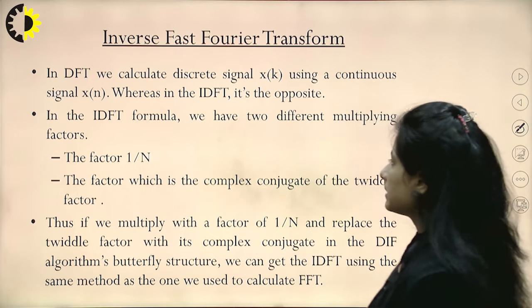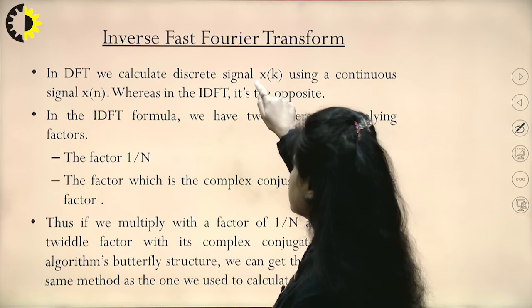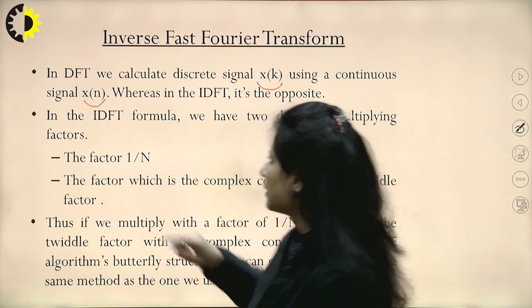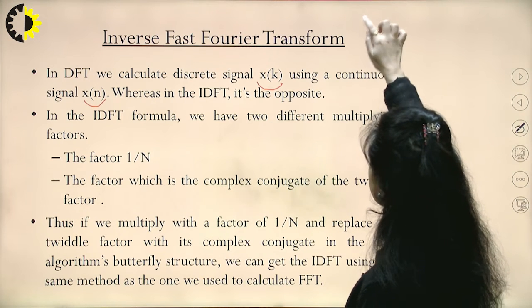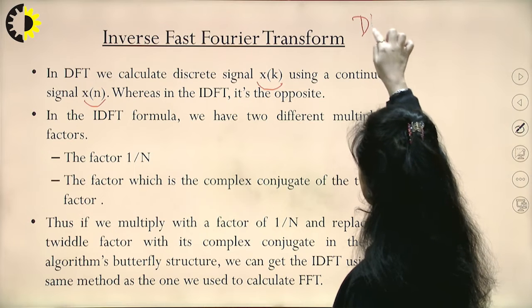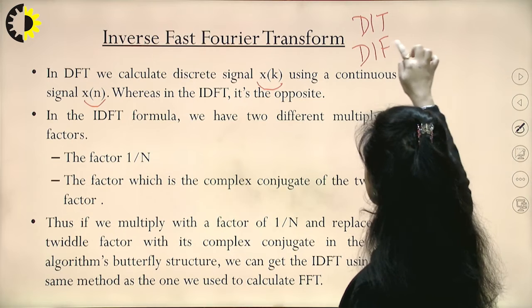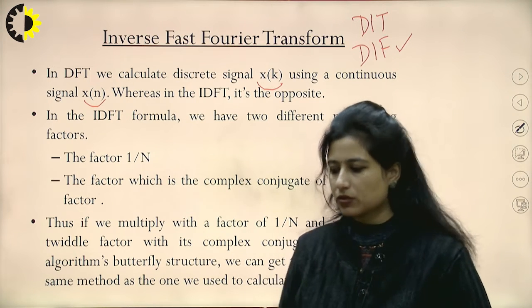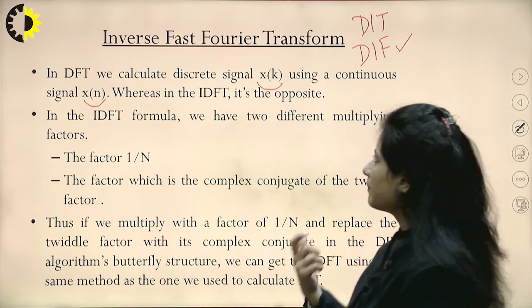Whenever we are calculating this particular value inverse, that is xk, using the sample values xn, I'm going to use the process which is opposite of calculating DIT. We had two algorithms, DIT and DIF, and we had seen that in the DIF algorithm, I'm starting from the frequency domain, decomposing the sequence and coming back to the xn sample values.